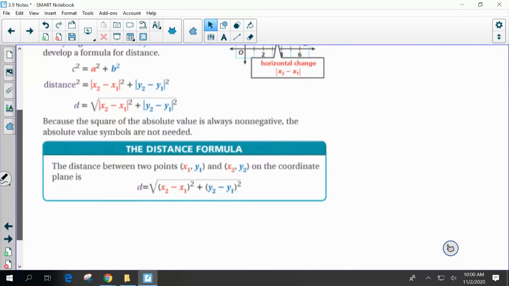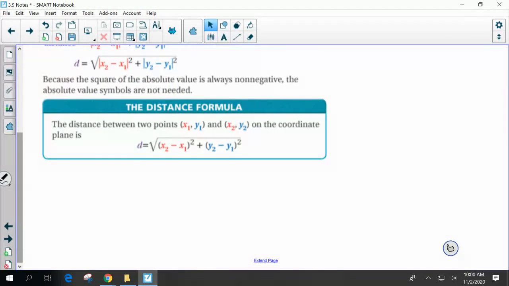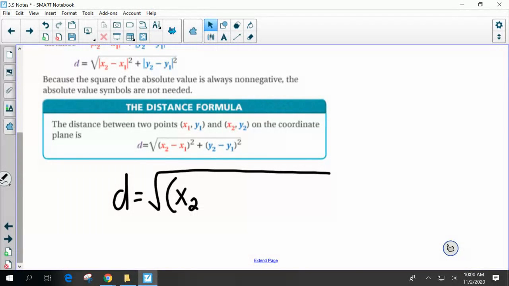And we're going to add another formula in there, and that's called the distance formula. This might be kind of small on your paper, so if you want to rewrite it. The distance is one big square root, and it's x2 minus x1 squared plus y2 minus y1 squared.